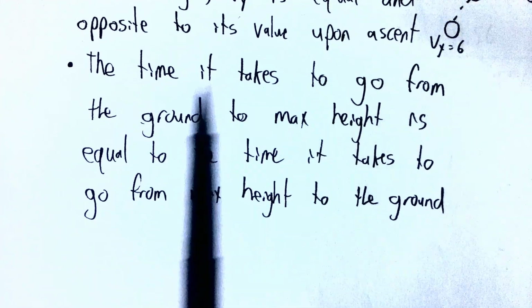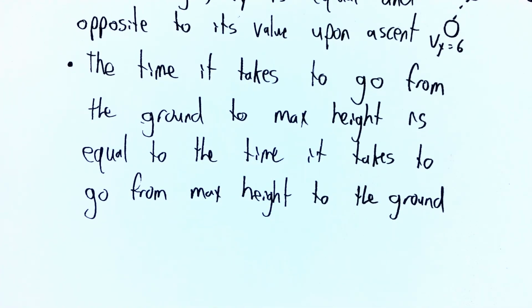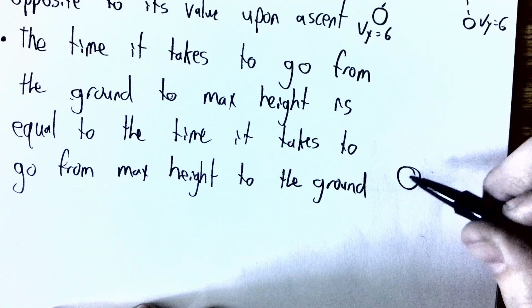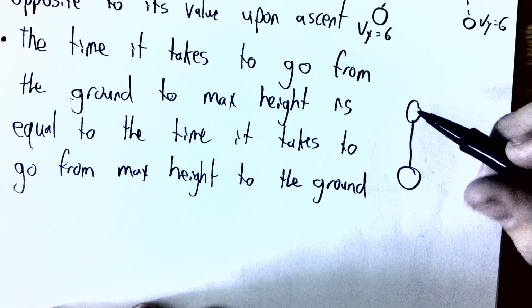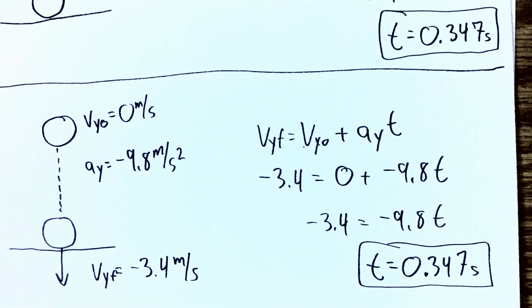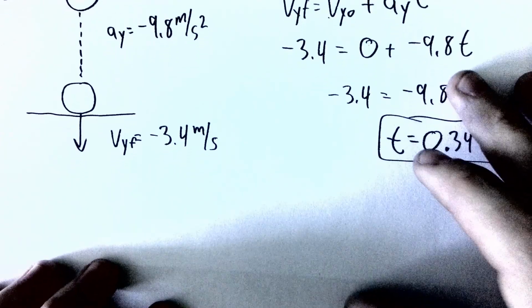The time it takes to go from the ground to max height is equal to the time it takes to go from max height to the ground. So the time it takes to go from here to here is the same time it takes to go from here to here. But I think we can make it a little easier. Write this with your bullets from before.